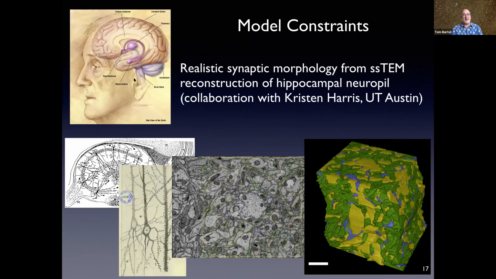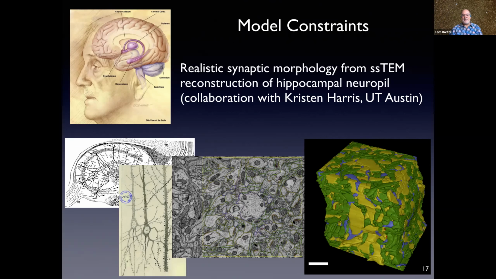Hippocampus, part of the brain in humans, and some nice drawings from Ramon Cajal in the early 1900s. And then here's an EM picture of an area of neuropil in rat stratum radiatum in area CA1. And there's a large apical dendrite in the middle of this field of view.